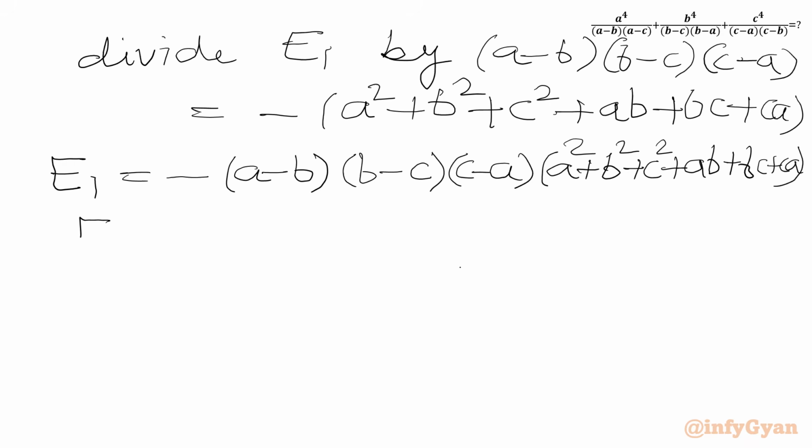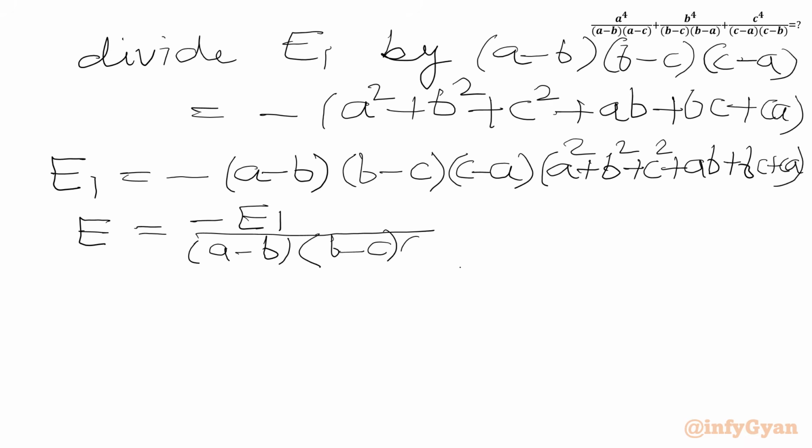Now we have to find E, which is equal to minus of E1 over A minus B times B minus C times C minus A, as per our equation number 1. We will plug in the E1 value.